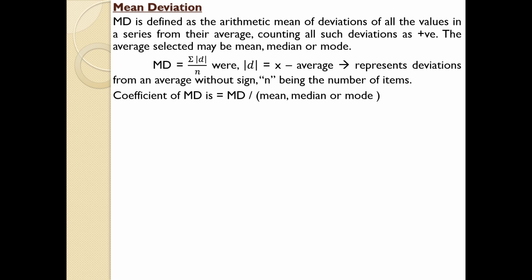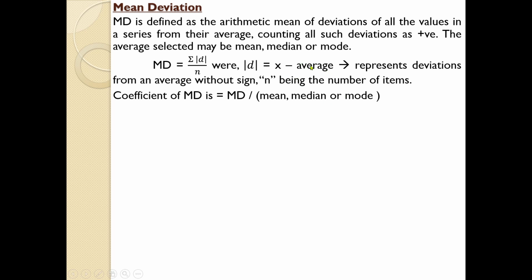Mean deviation is an absolute measure, whereas the coefficient of mean deviation, in simple terms the relative measure of mean deviation, is mean deviation divided by mean, median or mode. As I have mentioned earlier, in order to find the average, you might use mean, median or mode.